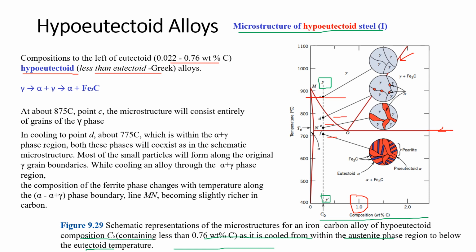The hypoeutectoid reaction is the main important reaction of hypoeutectoid steel, in which the austenite undergoes processes. First, austenite is formed when the austenitized steel is cooled from a given temperature of about 850 degrees centigrade.